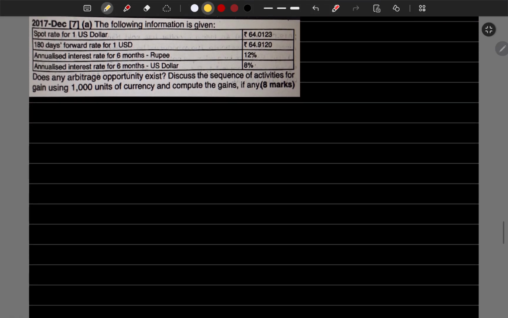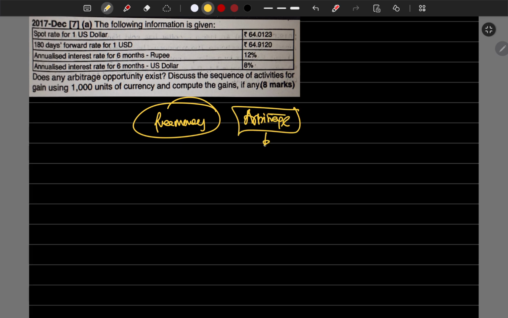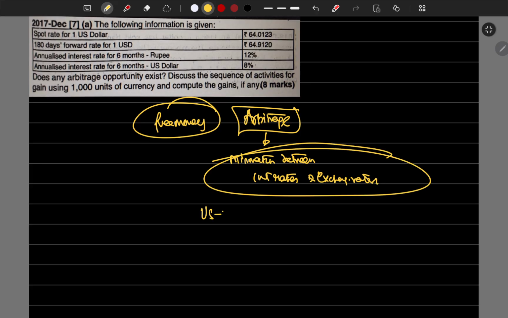Now we'll quickly jump into the arbitrage problem. Arbitrage is nothing but free money. Arbitrage opportunities exist because of the mismatch between interest rates and exchange rates between two countries. So US 4 percentage interest, India 12 percentage interest.